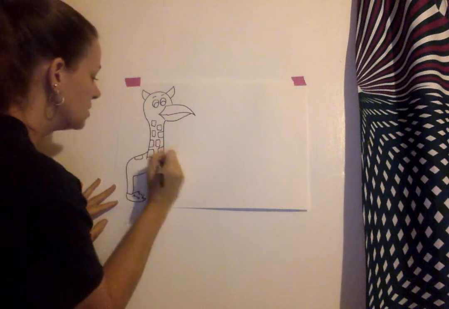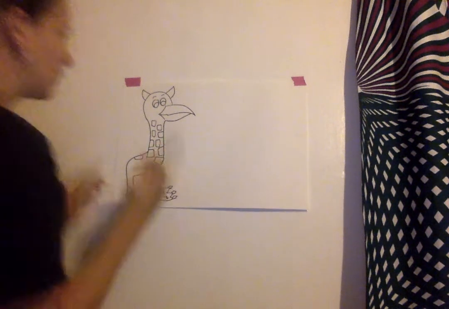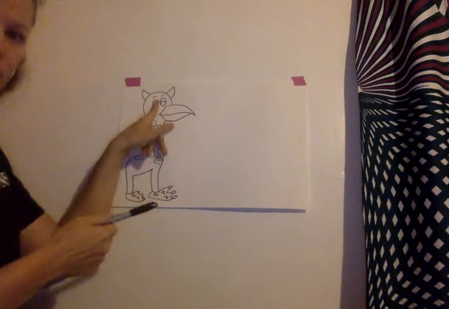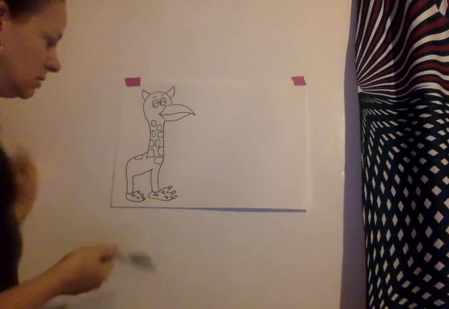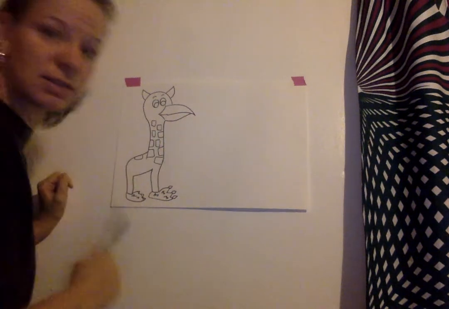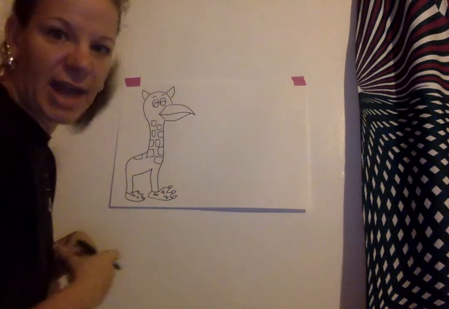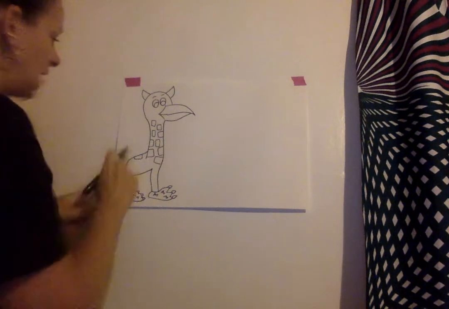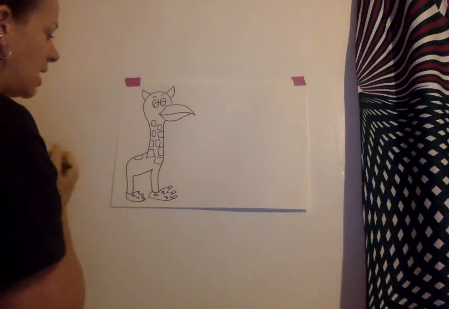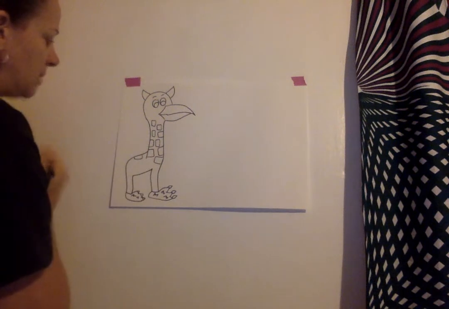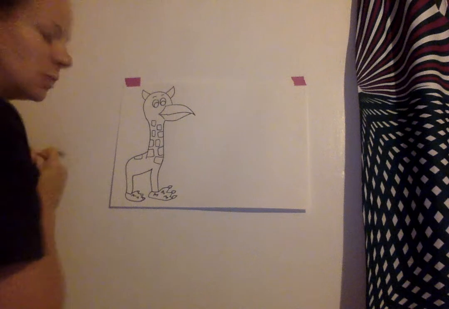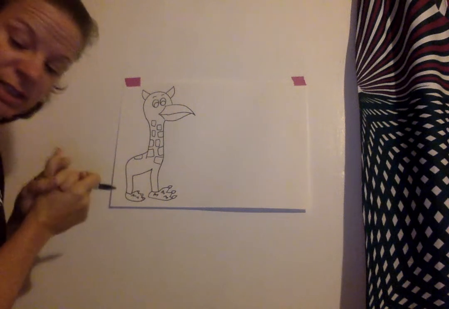What other things could I add to this creature? I've got horns, I've got a nose, I've got eyes, I've got feet. I've got some details that tell me what animal it is. I think I'm gonna add a tail. And I have a lot of room for a long tail. So many different ideas.